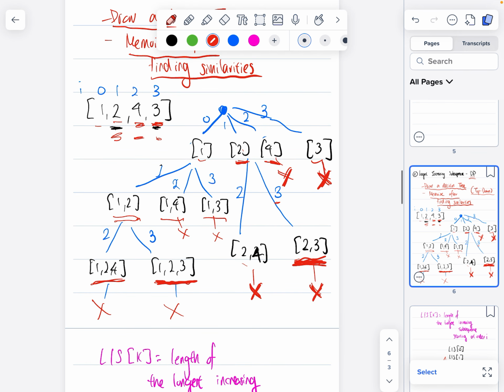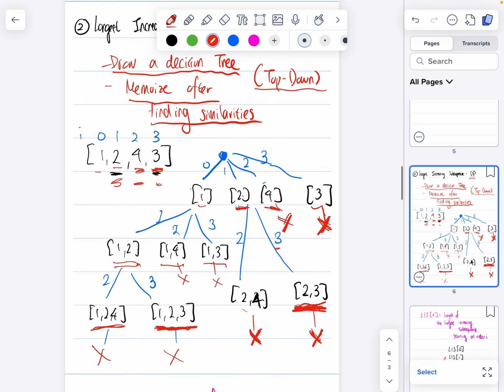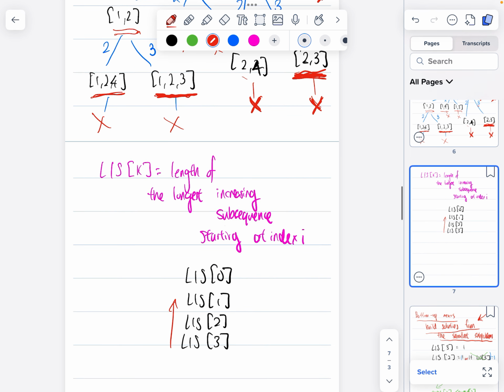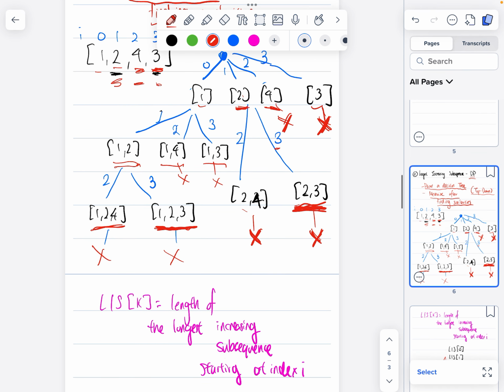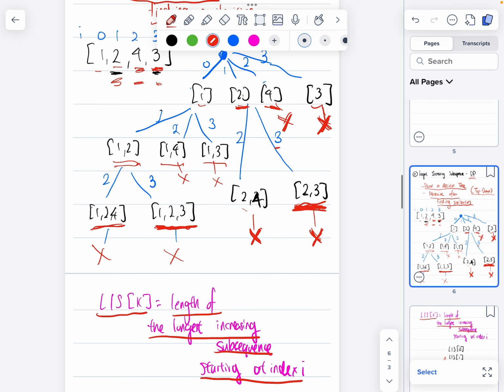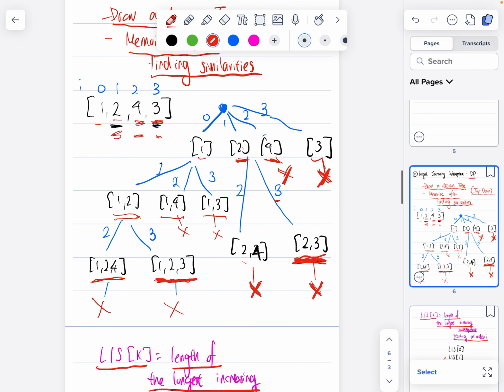So the idea is we can find similarities. I will define LIS of i as the length of the longest increasing subsequence starting at index i. What does that mean? You should start from the back actually. So you start at index 3. The longest increasing subsequence at index 3 would be 1, because you can't go any further.